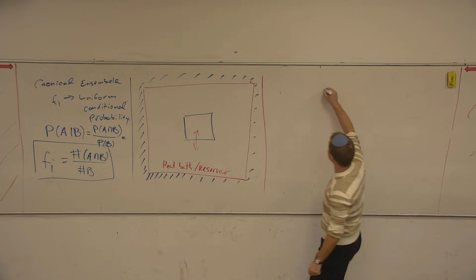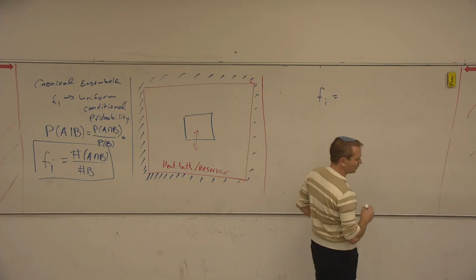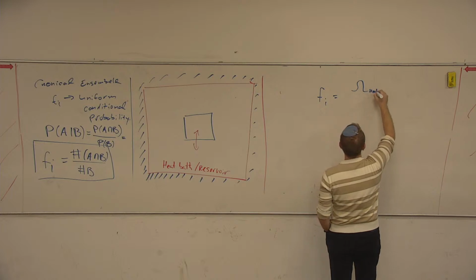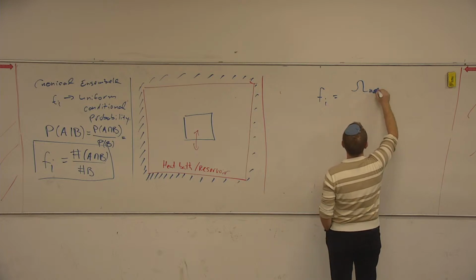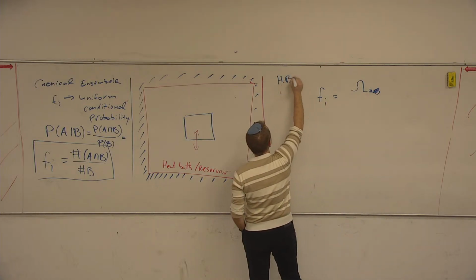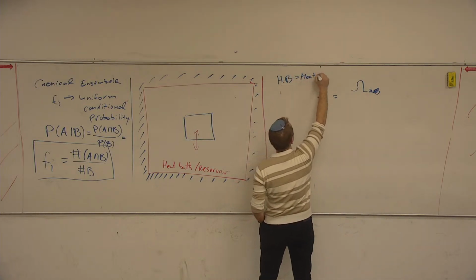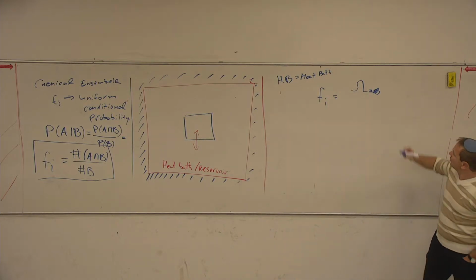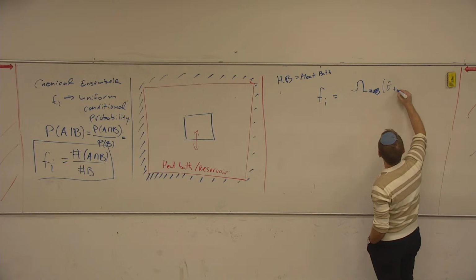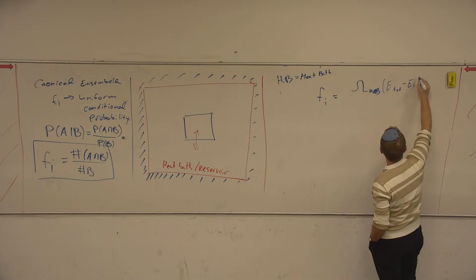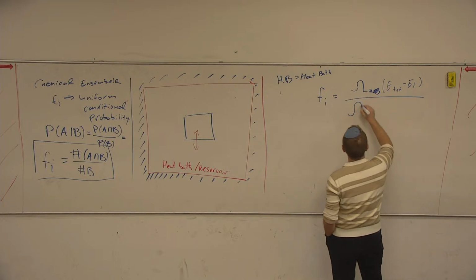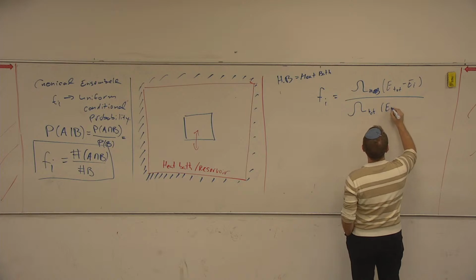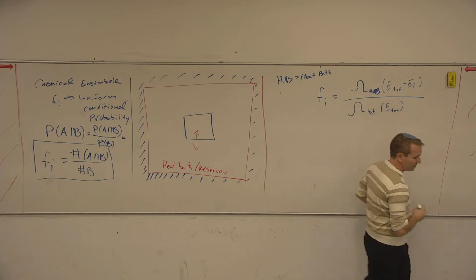So P_i is as follows: the number of states of the heat bath where the total energy is E total minus E_i, divided by the total number of states of the whole system. So what is my condition?